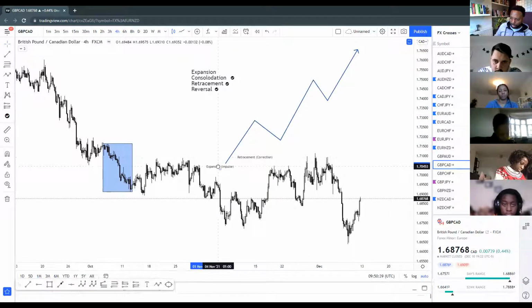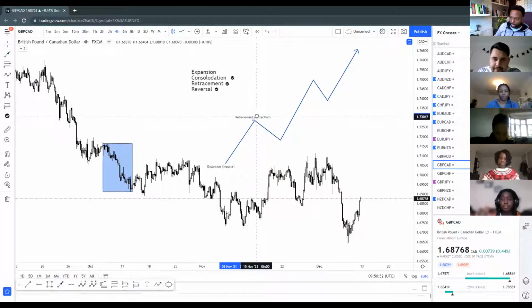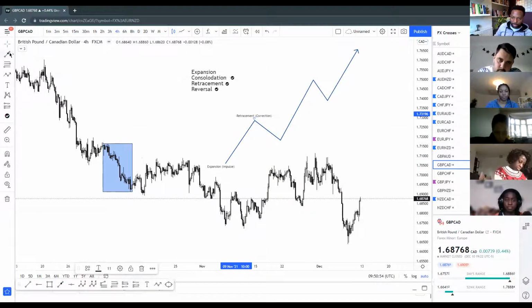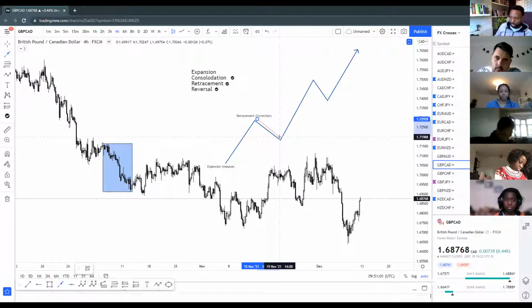So the impulse starts here and goes up. Impulse. Everyone good? Correction starts here and goes in this direction. Correction, retracement, pullback. Then what do we get starting here?